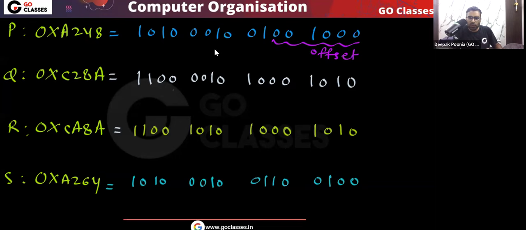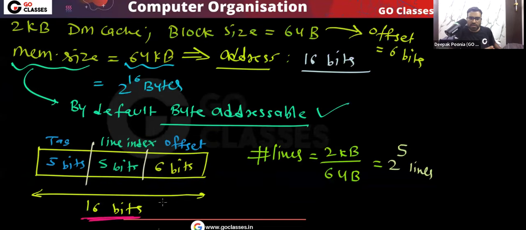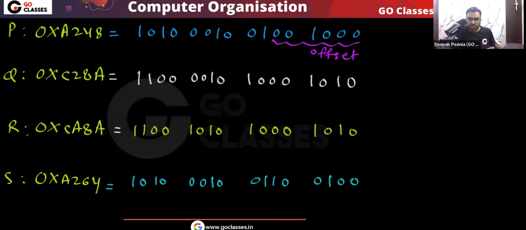And what is the number of index bits? We have already seen that, it is 5 bits, and 5 bits for tag. So please understand that these 5 bits are for the line index.